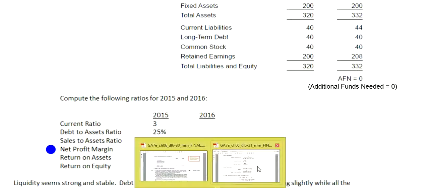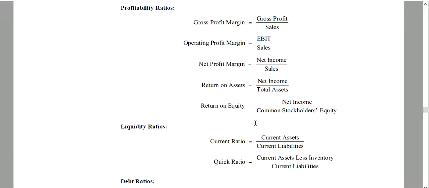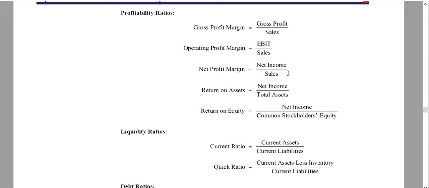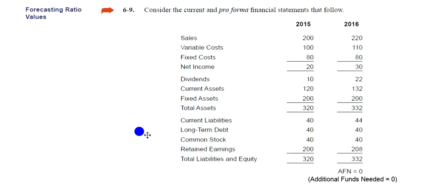Let's jump back over here and go to our net profit, which is a profitability ratio. Because profit, that's net income, net income after we take all our taxes and our interest and our costs out. Net income over sales. So net income is 20.